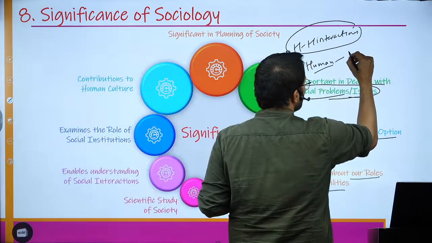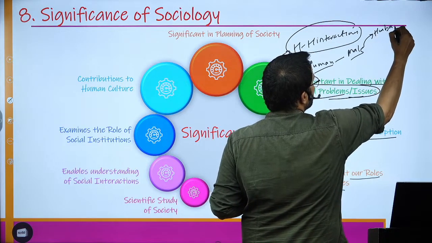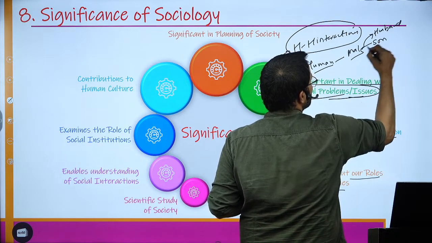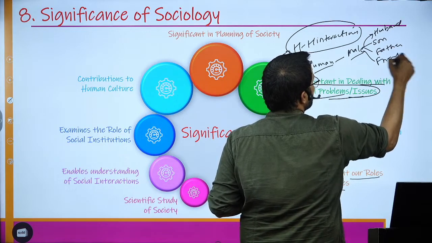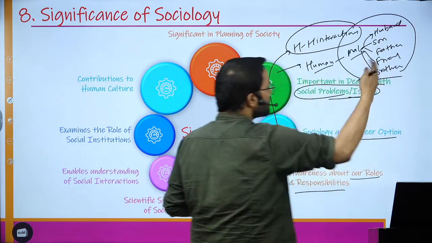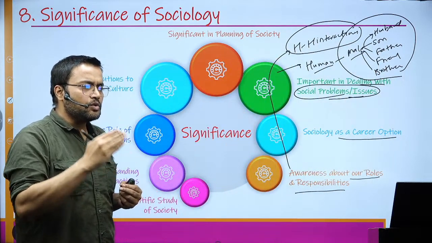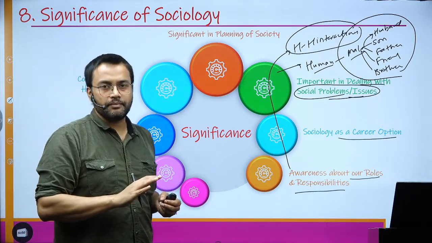Suppose I'm talking about a male: a male is a husband, a son, a father, a friend, a brother. Similarly for the female, and more roles are there, and according to each role, how they need to behave, what society expects from them.